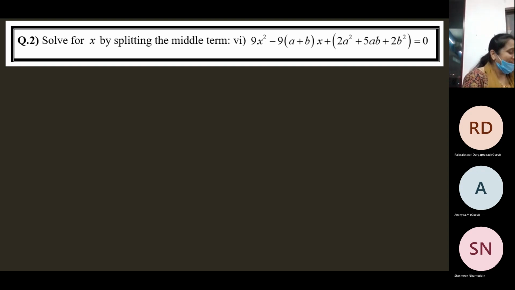See here, you've just written 9, b square minus 4ac, minus a into c. You have not written the middle term, huh?